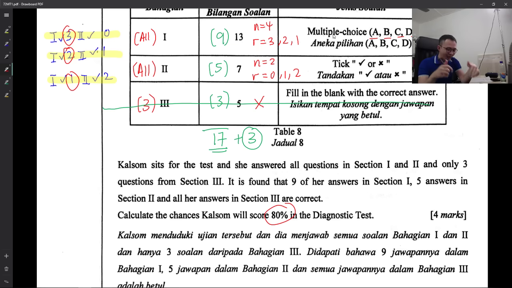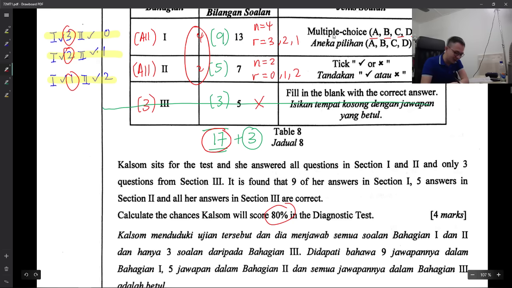Okay, I guess some students are confused about the 17 questions. You imagine you finish the exam already and then you check your answer with your friend or your teacher. You realize the 17 questions you already got correct. But then over here, you still have 4 and 2. You still have 6 questions here. You're not sure, so therefore you want to find the probability.